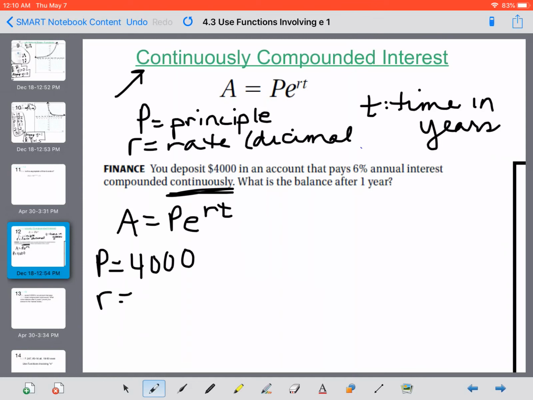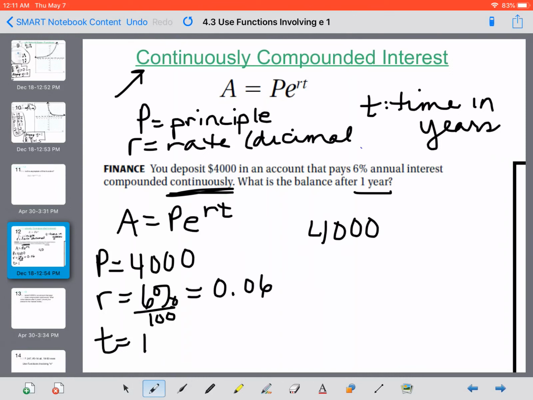We need to know our rate. Our rate is 6% interest, which converts to 0.06 if you divide by 100. T is your time in years. We need to know that after 1 year, so T in this situation is 1. So if we plug that into the formula, we're going to get 4,000 times E raised to the 0.06 times T, which in this case is 1.